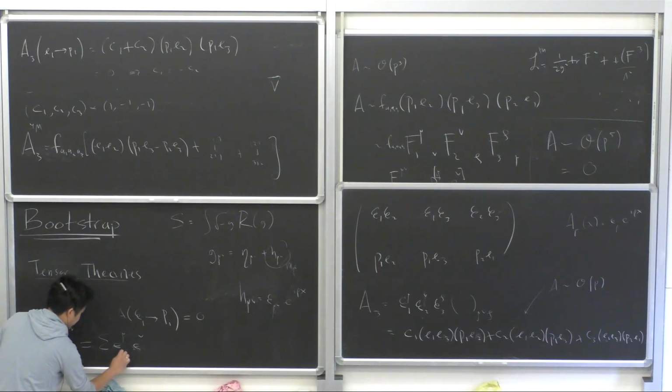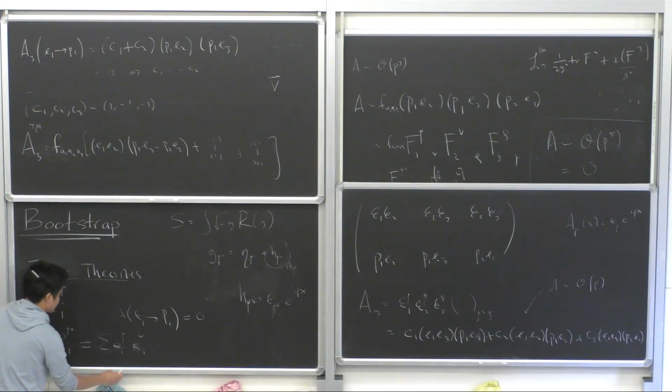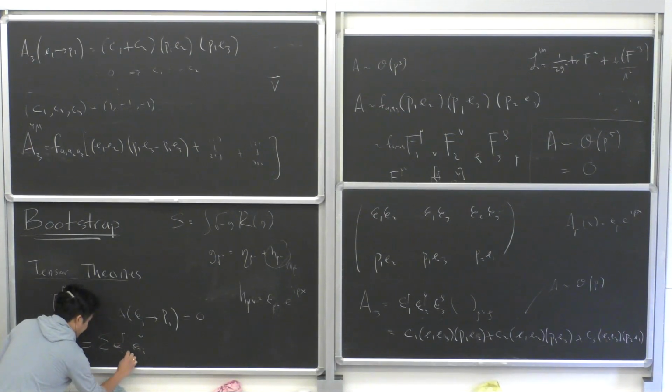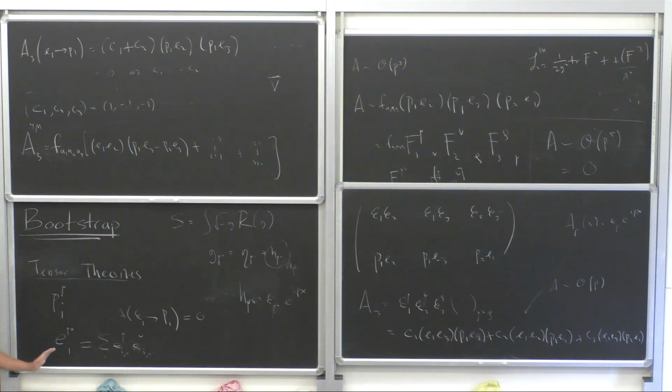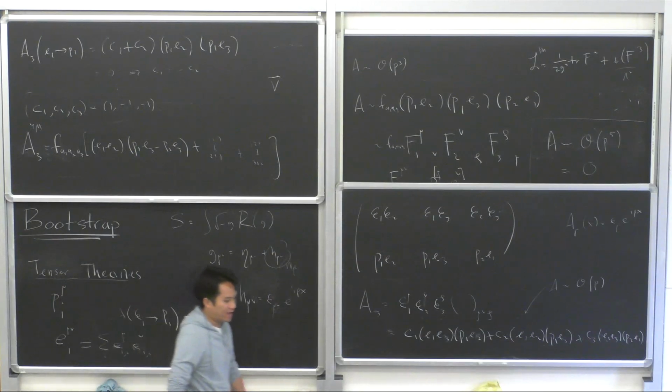Let's call this e_i, e_i, summed over, let's say, another index a. So this is me just saying that any symmetric matrix can be written as a sum over outer products of vectors. If this is some rank 4 symmetric matrix, I can write this as 4 outer products of vectors.